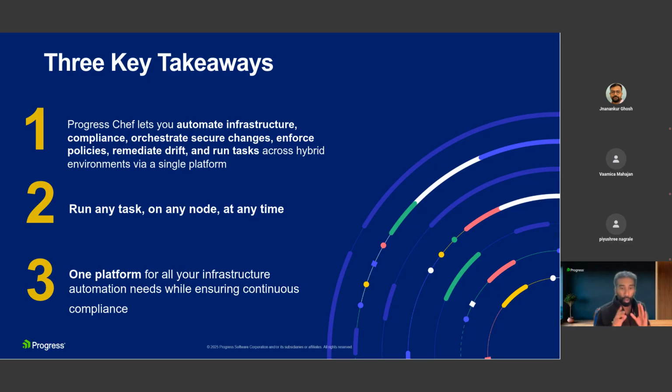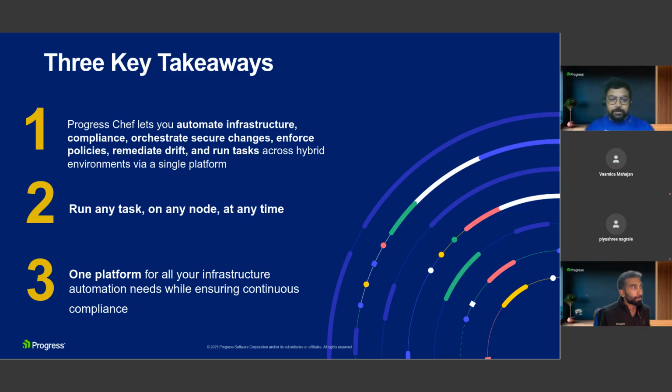Orchestration, compliance, configuration management, all using the same platform. And the platform lets you perform any action using control over three specific dimensions: when, where, what. With that, I would like to give the control back to Jnanankur.